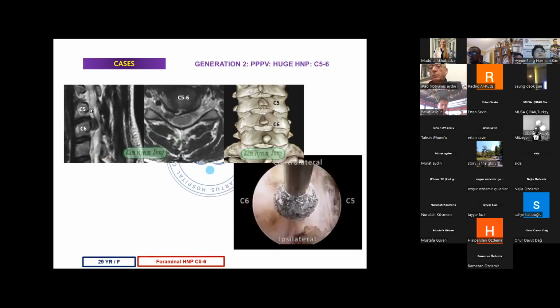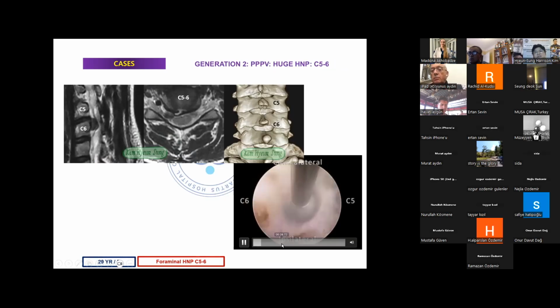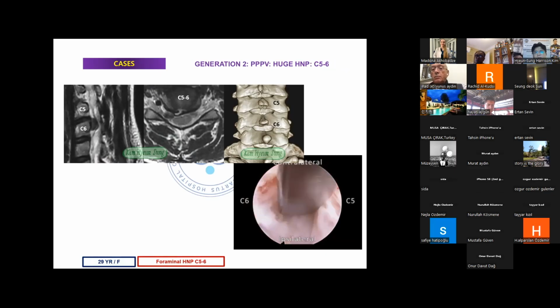And also this patient, C5-6 huge ruptured disc, a very young girl. She's a dancer, but she could not do her job due to the shoulder drop. And also you can see here partial pediculotomy, and this is very close above the pedicle area, huge ruptured disc from here.